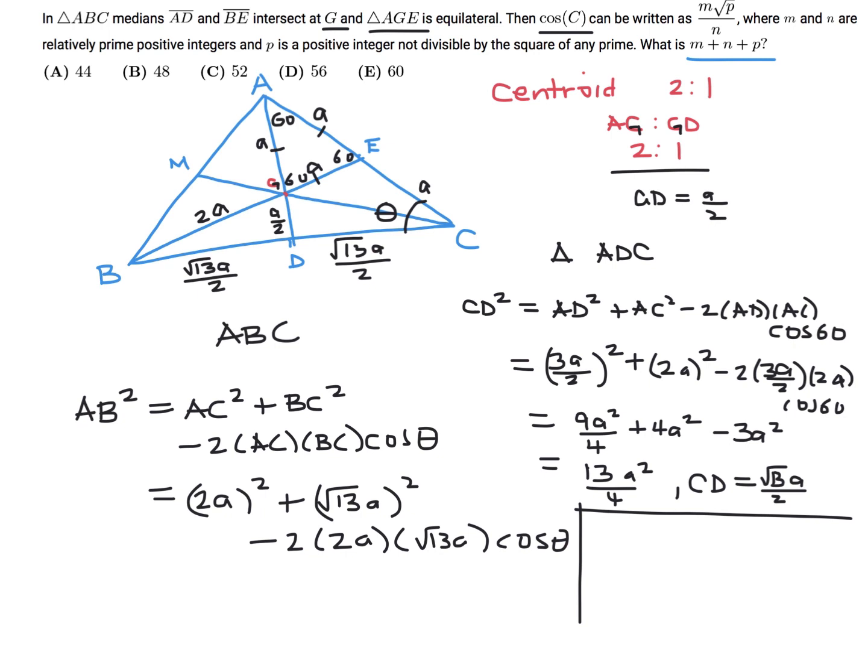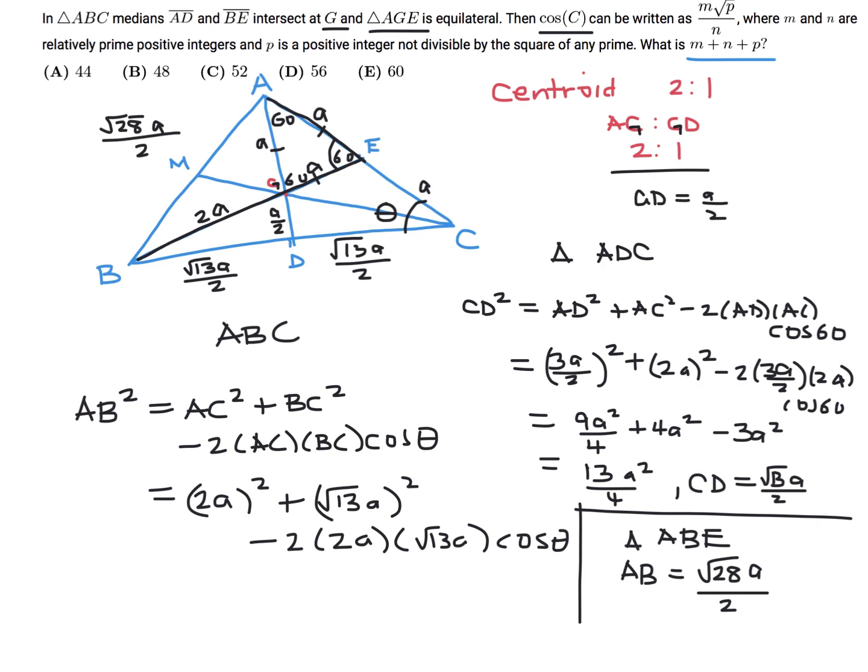And then I think you would use the cosine law again on triangle ABE. Yeah, because we got the 60 degrees. This side is A, and this side would be 3A. So I'll let you do that. It's pretty straightforward. And when you do, you get AB is equal to root 28A over 2.